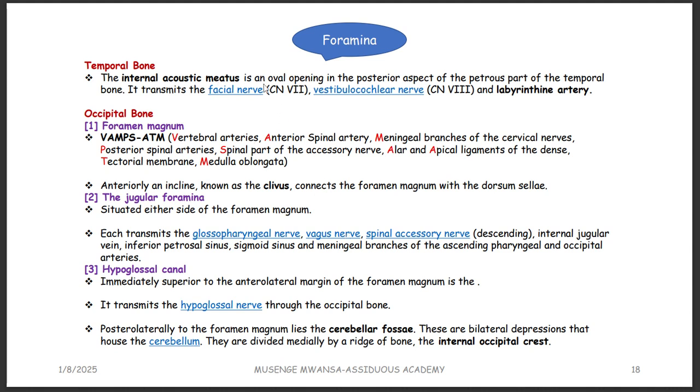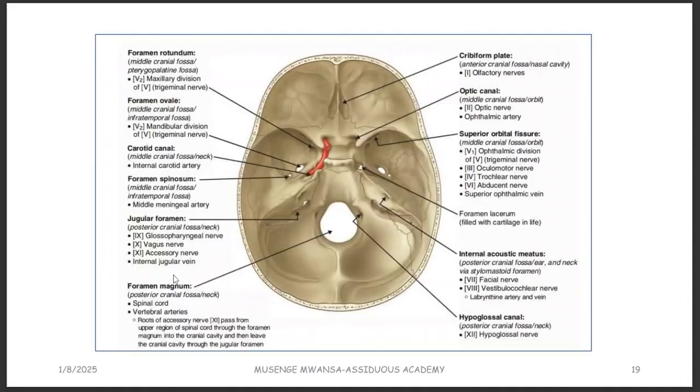So can you see cranial nerve number 7 and 8, they are passing in the internal acoustic meatus. Cranial nerve number 9, number 10, and number 11, they are passing through the jugular foramen. So where is cranial nerve number 12 passing? Cranial nerve number 12 is passing in the hypoglossal canal because it's actually the hypoglossal nerve.